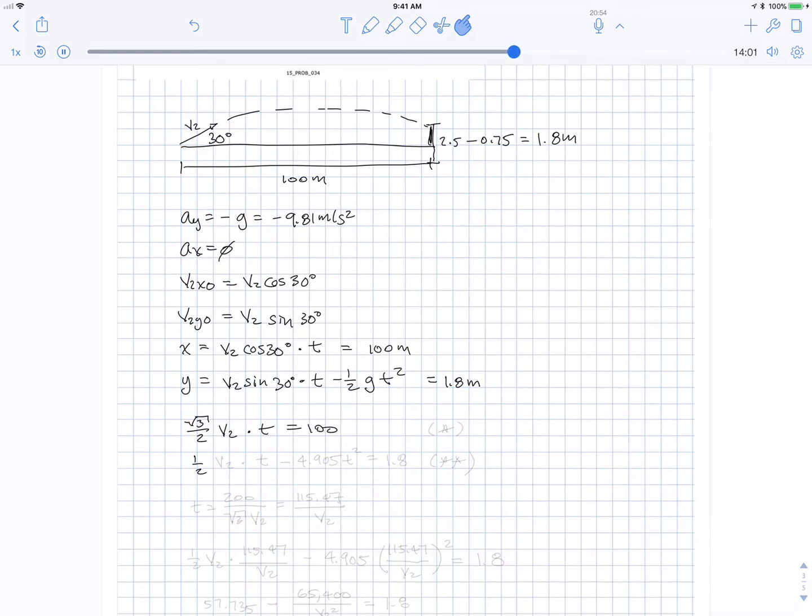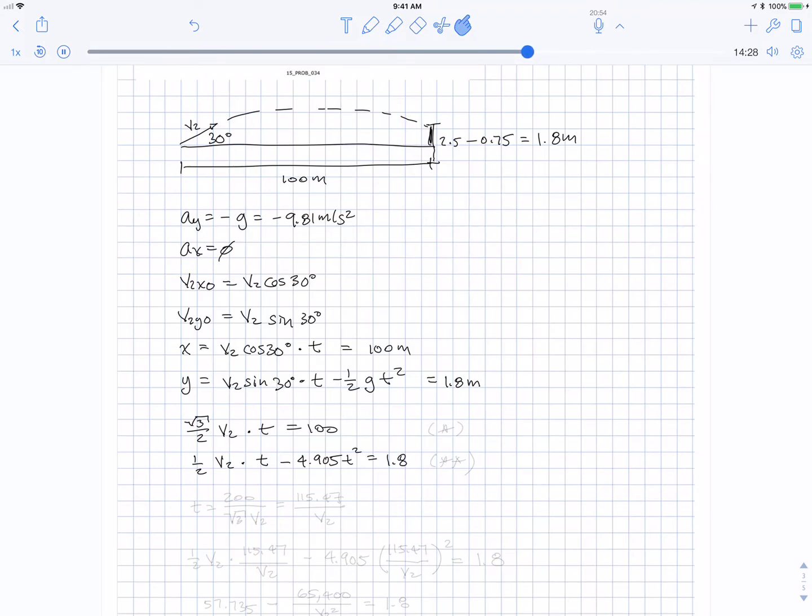And 1/2 v2 times t minus 1/2 of 9.81, 4.905 t squared, equals 1.8.